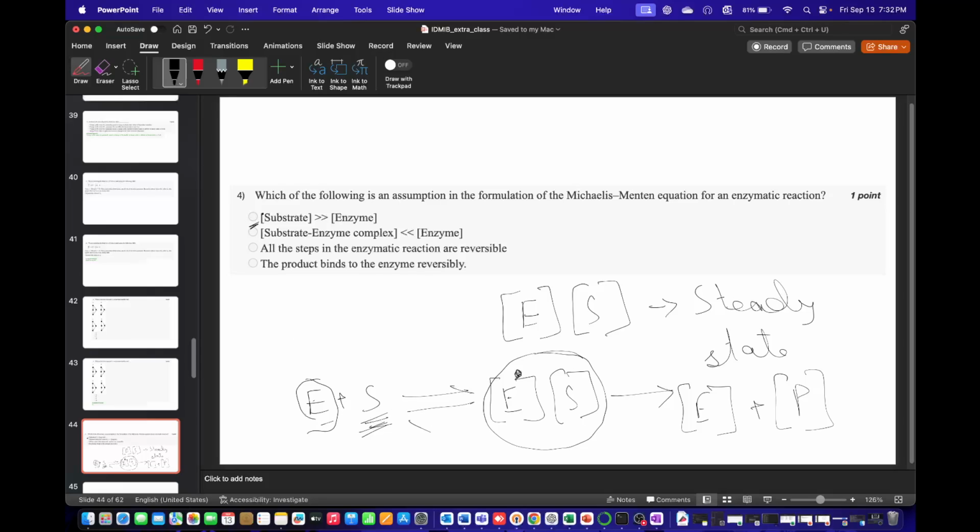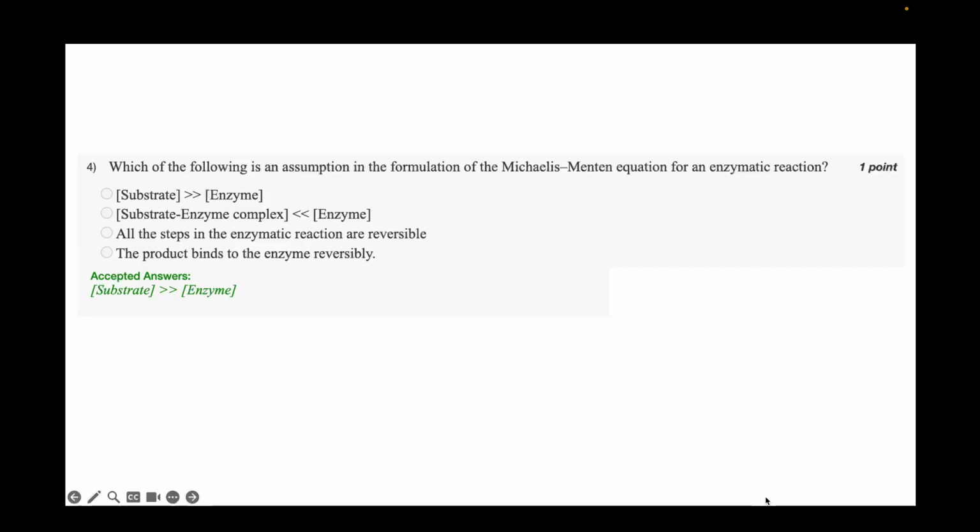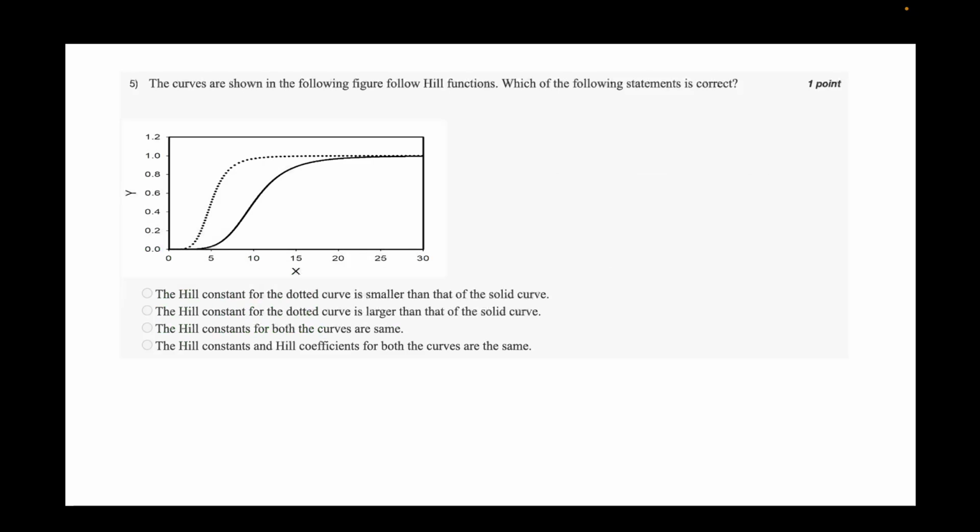So actually the first option is the correct option, right? And this is not correct, because this reaction is not reversible, right? So option number one is the correct option. Okay.